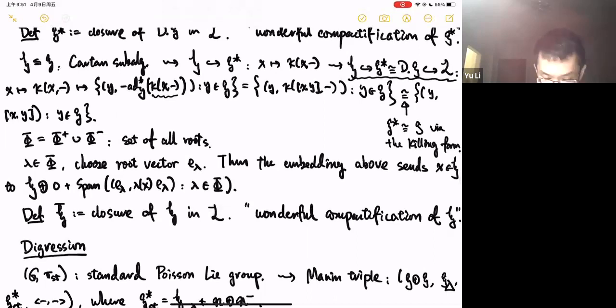And then I identify g star with g via the Killing form, and then I'll just write the second component as x bracket y. So after identifying g star with g, we see that an element x of h is sent to all pairs (y, x bracket y), namely the graph of the adjoint action of x.